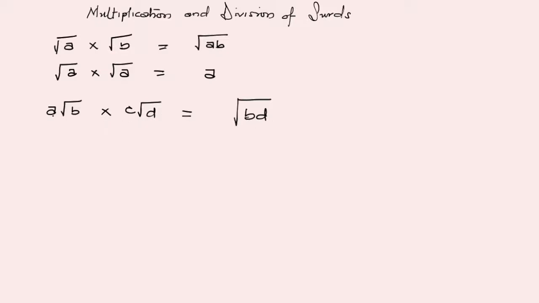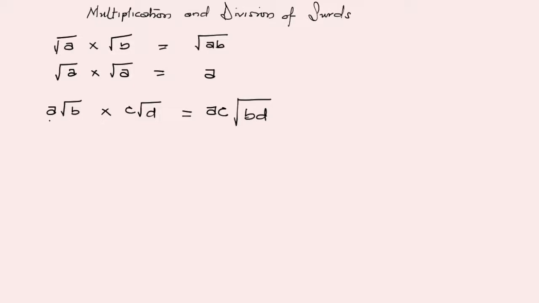But we can also multiply the terms in front here, which is ac. So if you have an expression where you have a number outside the radical sign times the square root of a number b, multiplied by a number c and the square root of d, you can have the answer by multiplying the numbers outside the radical sign and then combining the numbers inside the radical sign as well.